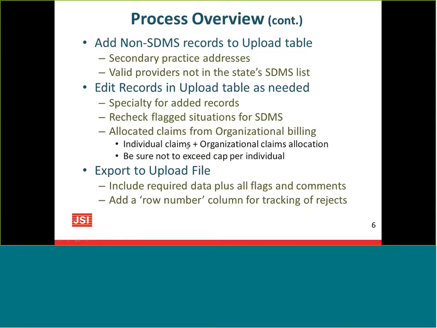If I've got organizational claims, they will not have been assigned to providers individually. We will have to say, okay, this organization has 5,000 claims, so we're going to have to co-locate providers that we know are at that address where those claims are being generated and attribute that capacity to those providers on top of what they might have generated individually.